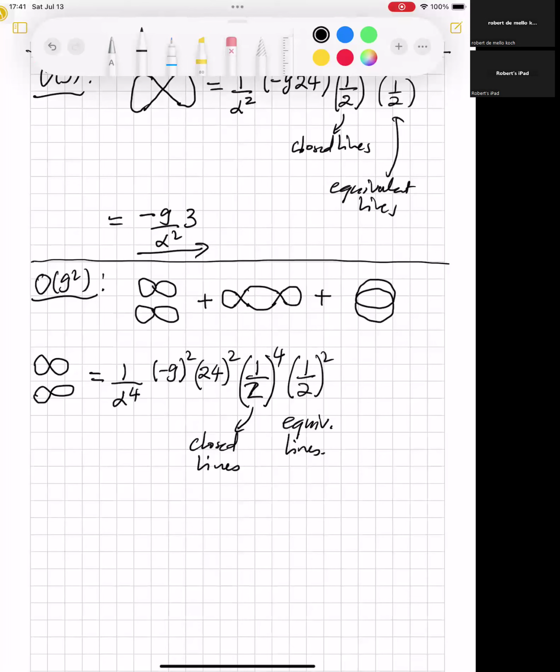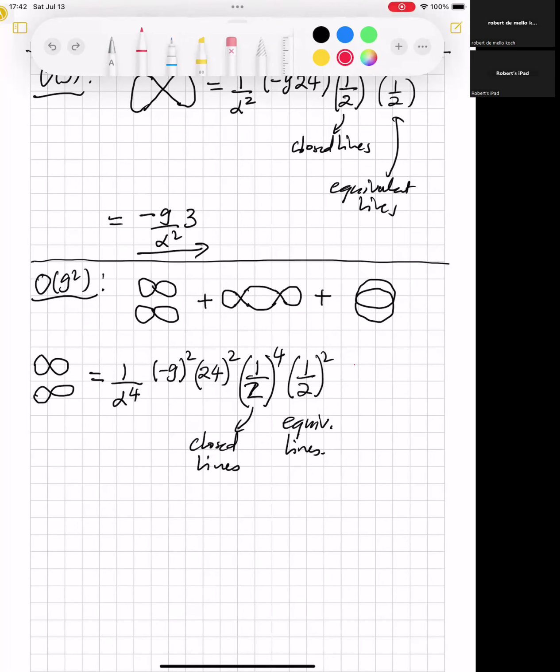Let's just make this clear. This blue line over there is equivalent to that blue line over there. And this red line over here is equivalent to that red line over there. So we've got 2 pairs of 2 equivalent lines, so we've got 1/2 factorial squared. The blue lines and the red lines, of course, are not equivalent. And then finally, do we have equivalent diagrams?